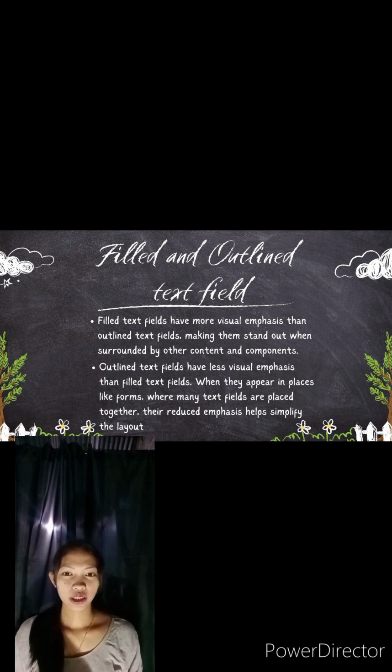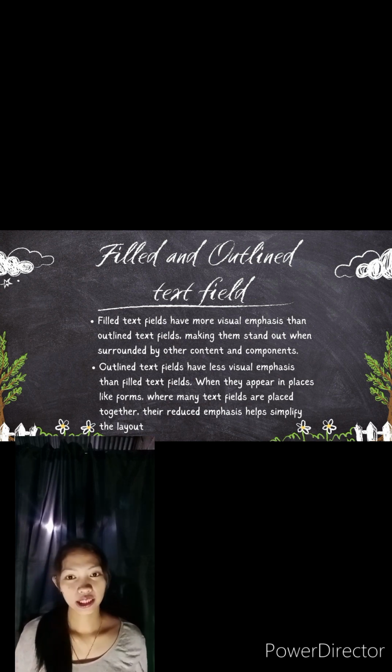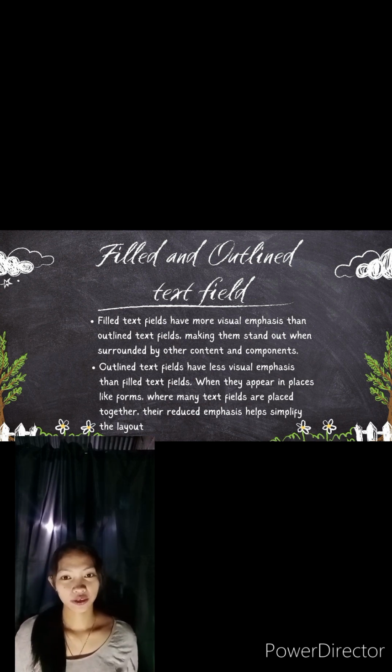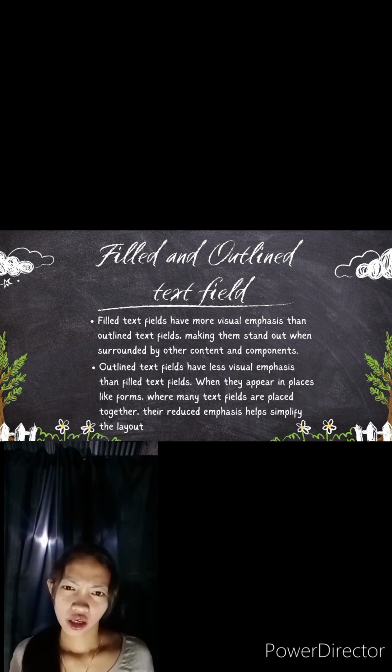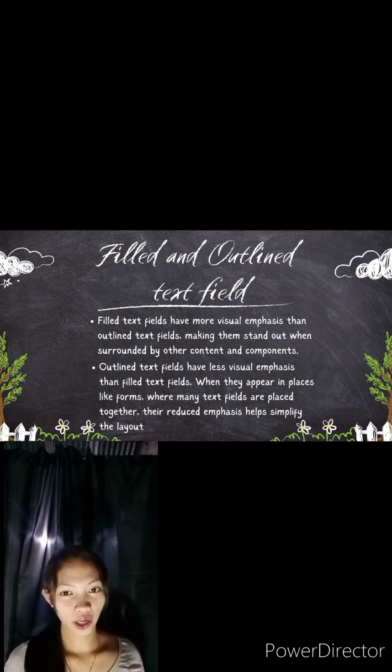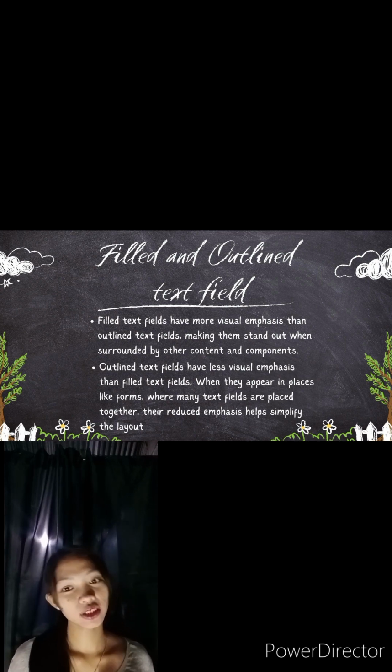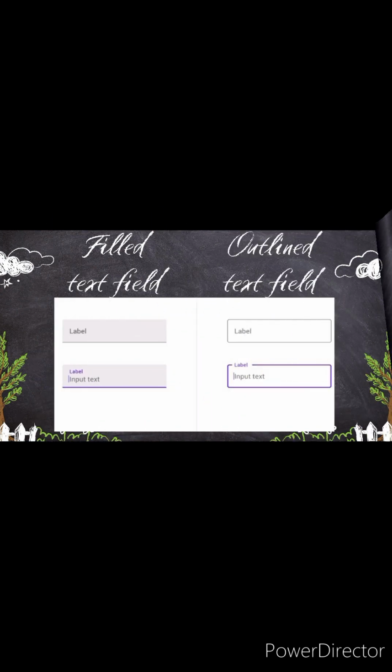But when we put it in many text fields placed together, the emphasis can be reduced and the layout can easily be simplified. It has no background color like black or gray. No color, but it has a plain white background. Here are examples of filled and outline text fields.